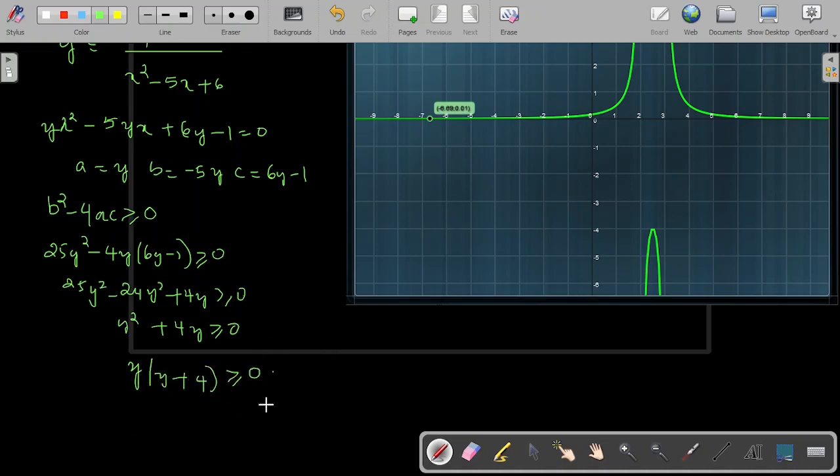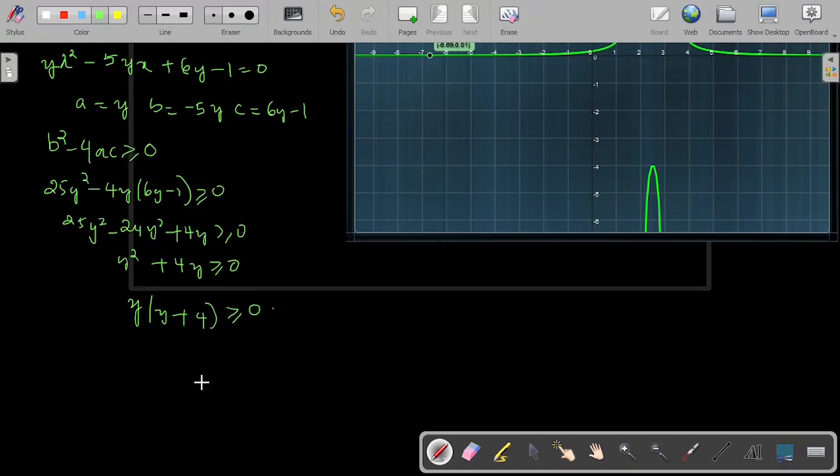Now, this inequality holds only if both factors are positive, y and y + 4, or both are negative. If both are positive, then y ≥ 0 and y + 4 ≥ 0, or y ≤ 0 and y + 4 ≤ 0.